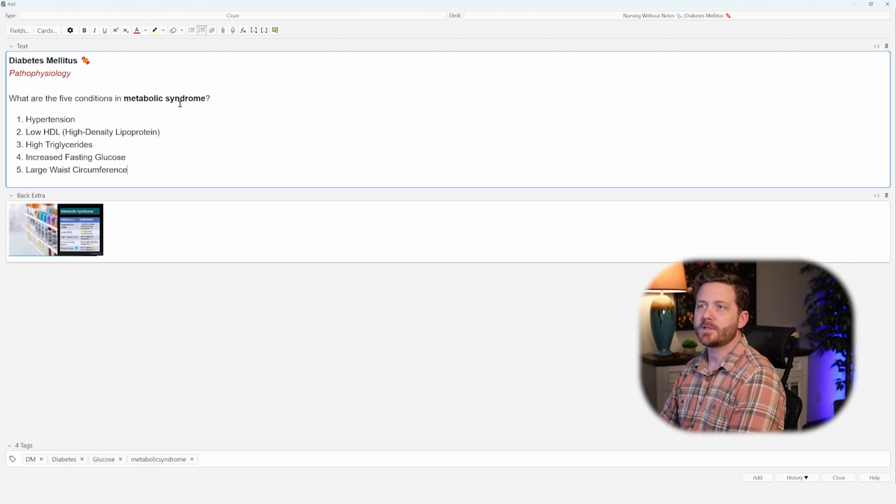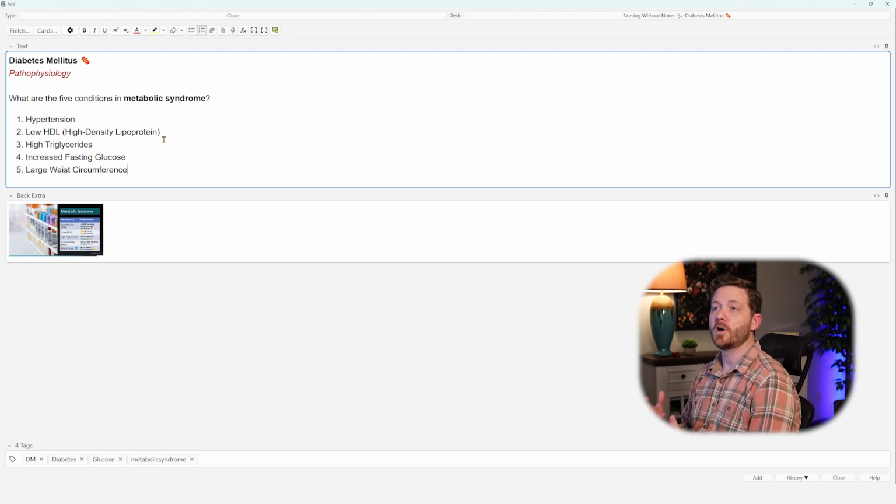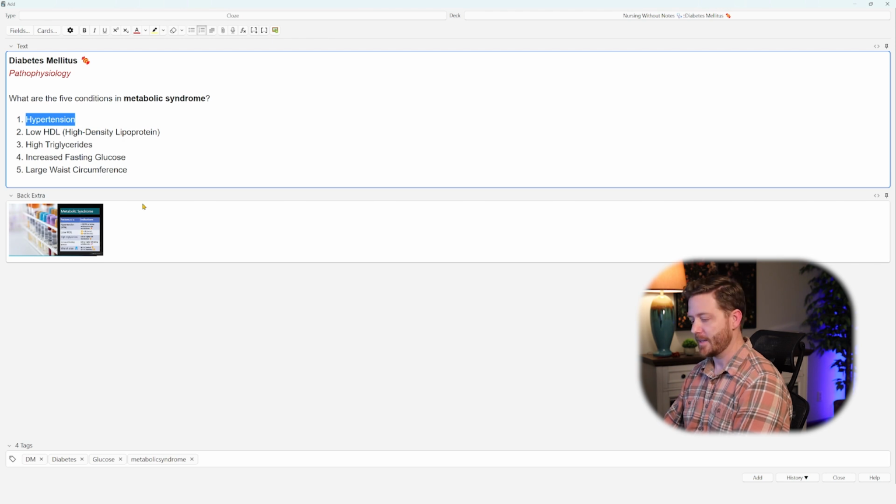All right, so here's where some people would say, test yourself over the whole thing, or maybe test yourself on just a couple of these things. So I'll show you the way I approach this, where you can test yourself over this entire card, but also give yourself some hints. So for the first one, hypertension, we'll go ahead and just take that completely, we'll close that completely out.